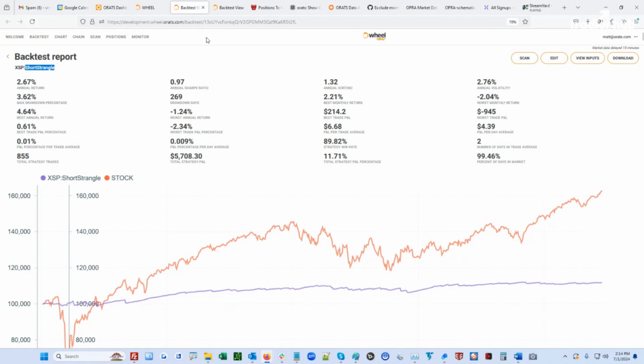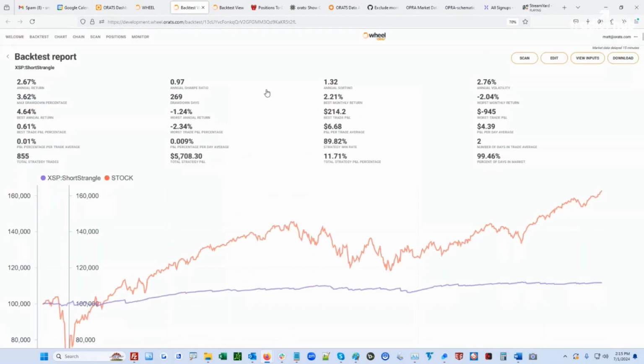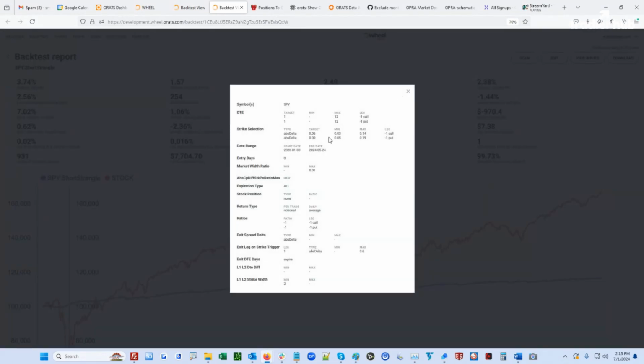And so if you compare a straddle selling, these are the inputs that I tend to use for the way out of the money. If you compare an XSP, for example, with an SPY, and you could see the similar setups here.